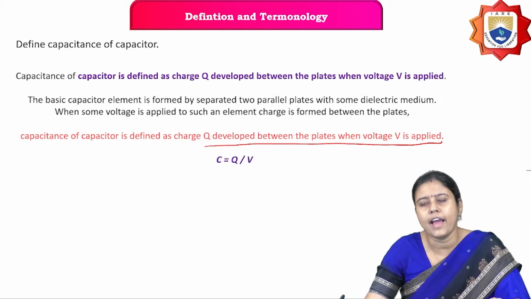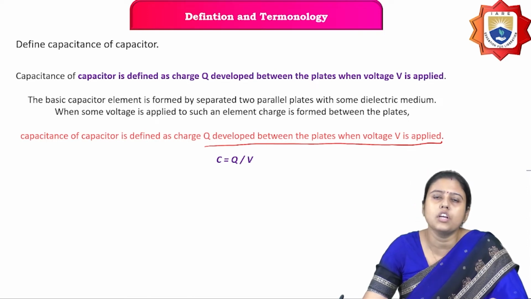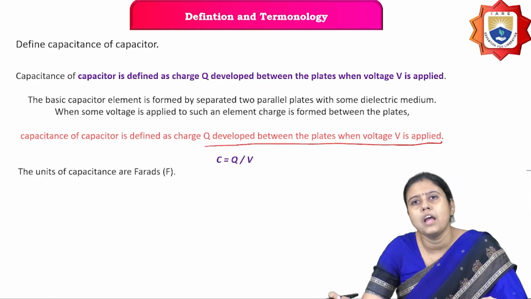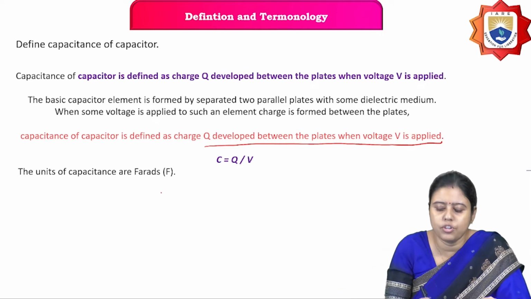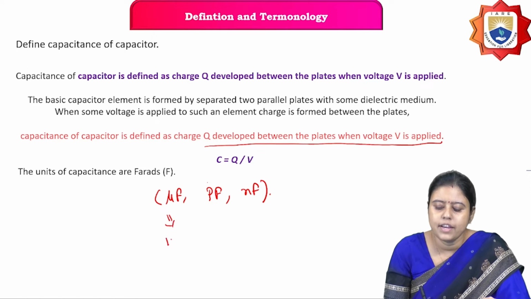So we can write C equals Q by V. And what is the unit of the capacitor? The unit of the capacitor is generally farad. But we can also use microfarad, picofarad, nanofarad for our application. Microfarad means 10 to the power minus 6 farad.